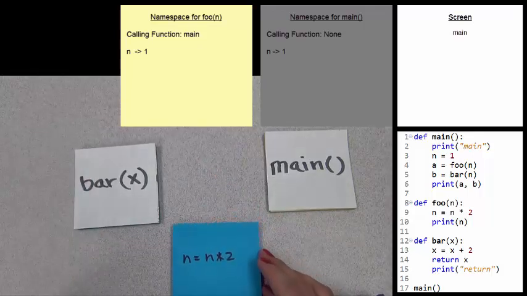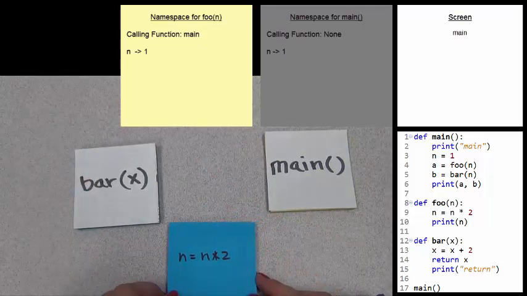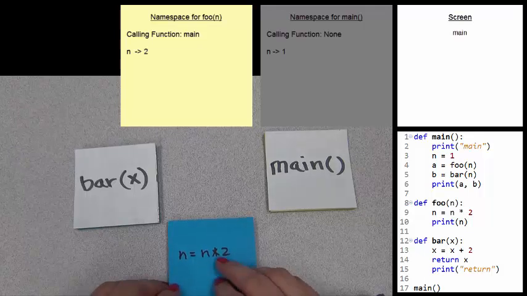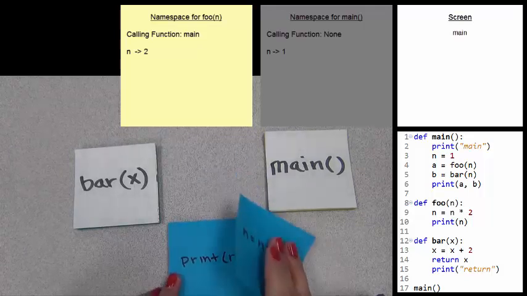On the first line, we set that value to itself times 2. In order to do this, we first access the current value of the variable n in memory, multiply that by 2, and then assign that value to n. On the next line, we print n.